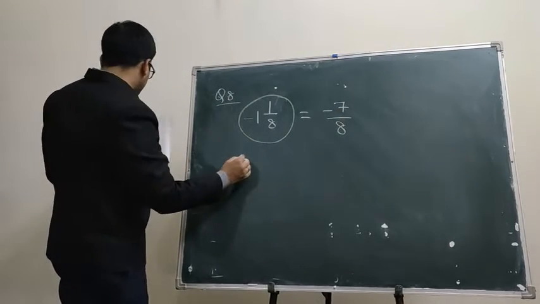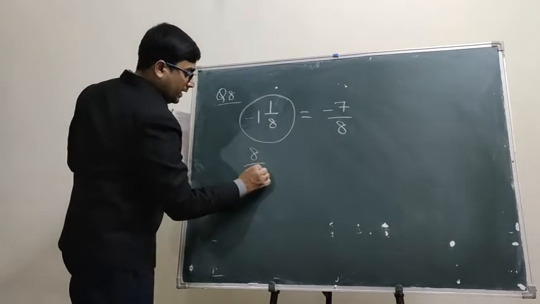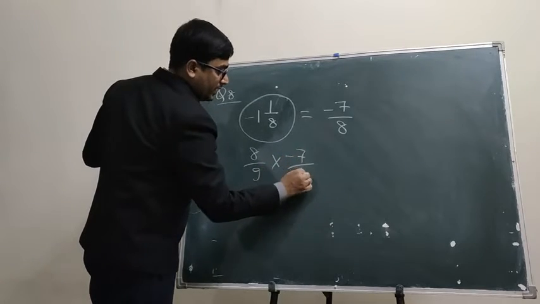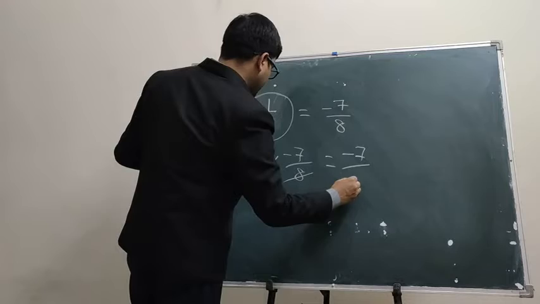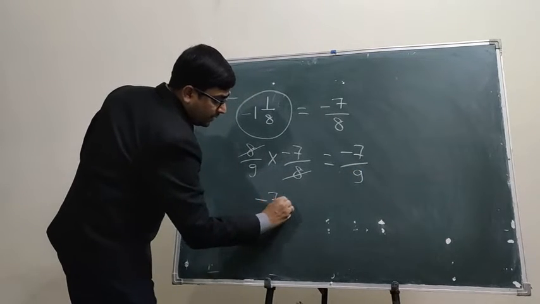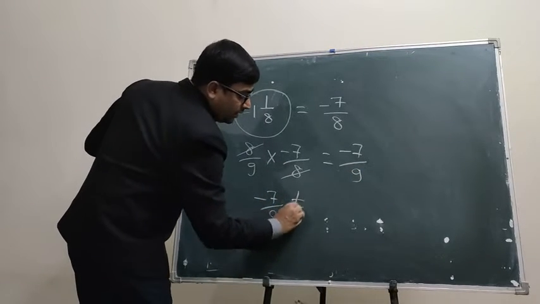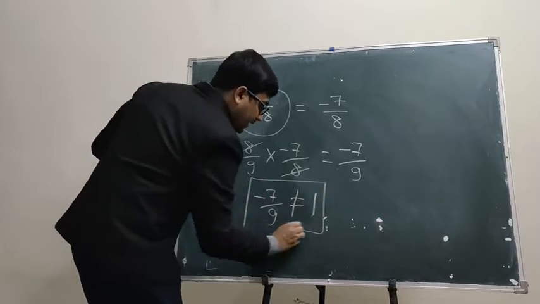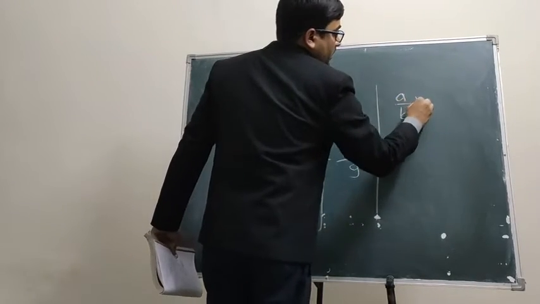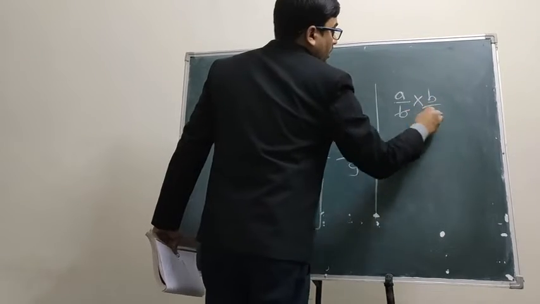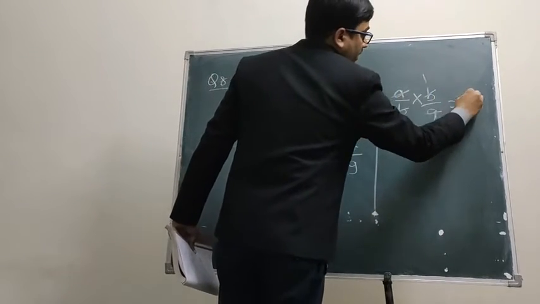You multiply 8 by 9 into minus 7 by 8, the 8 cancels, and we get minus 7 by 9. Minus 7 by 9 is not equal to 1. In multiplicative inverse, you know a by b multiplied by b by a always gives 1.